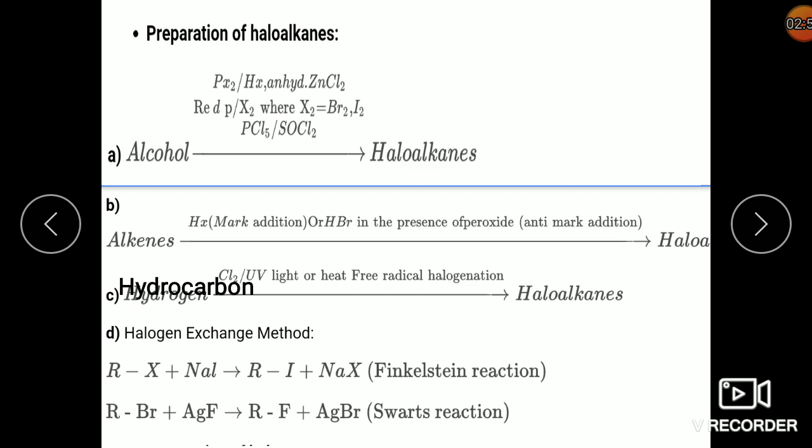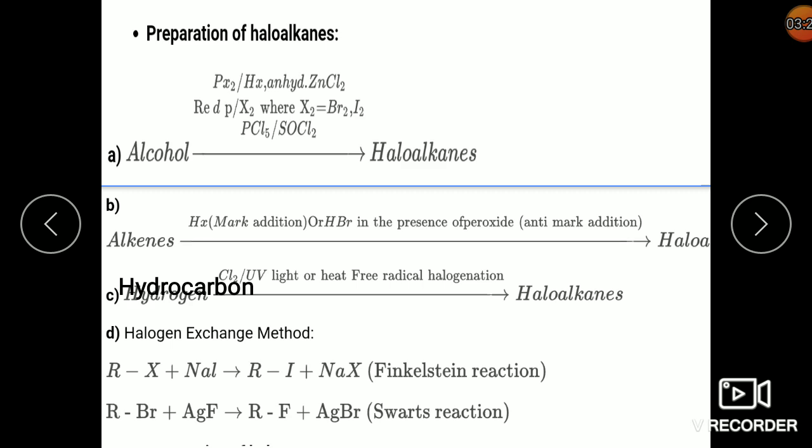Then we can also take the mixture of HX and anhydrous ZnCl2. Do remember this reagent is called Lucas reagent. It is used to detect whether the alcohol is 1 degree, 2 degree or 3 degree. The next reagent you can use is red phosphorus along with halogen, but here you must choose the halogen as bromine or iodine.